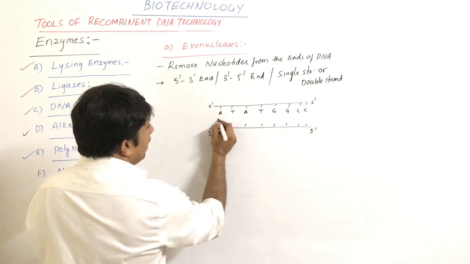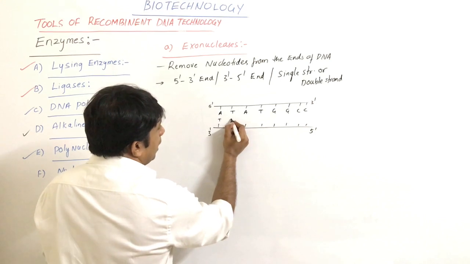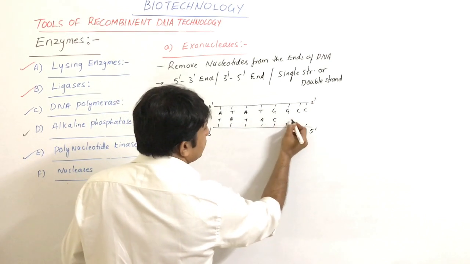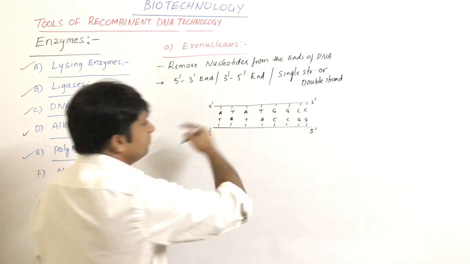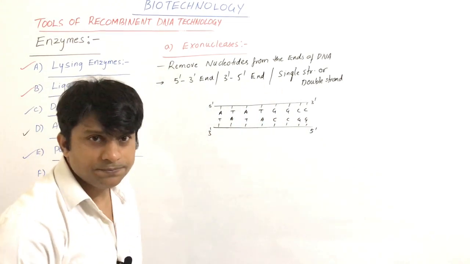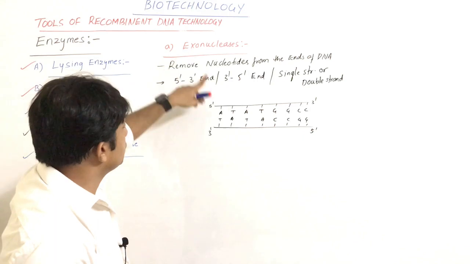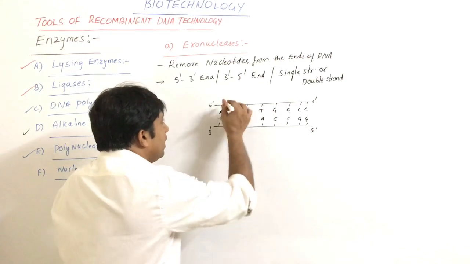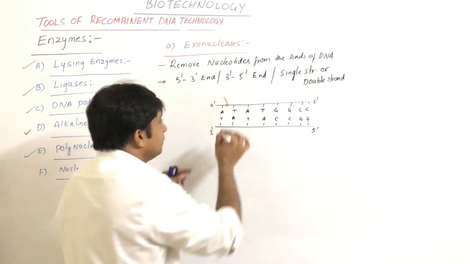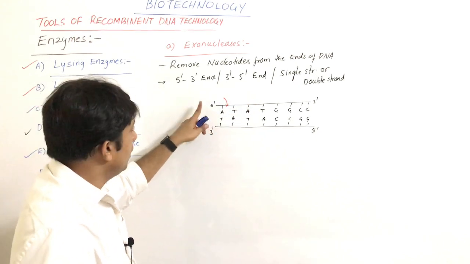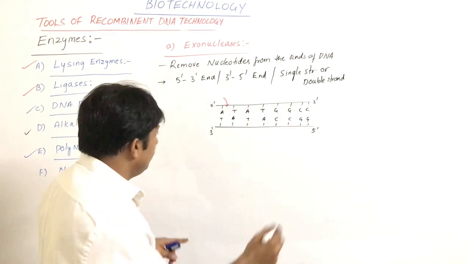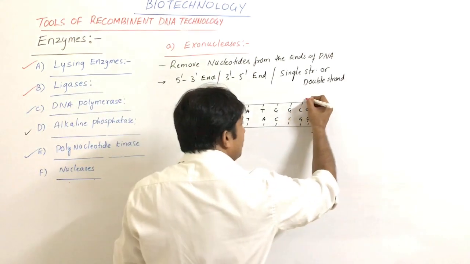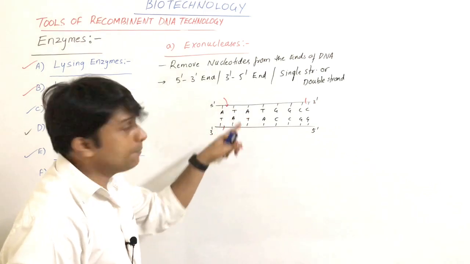This is a strand of DNA. So exonuclease removes this adenine either from the 5' end, or it can remove from here, the terminal ends.